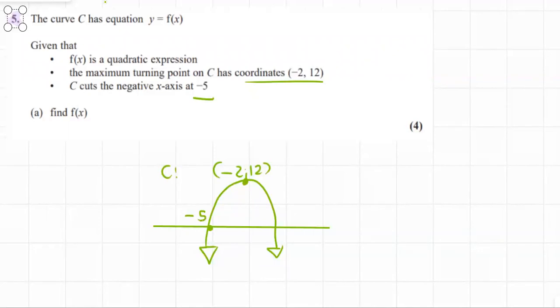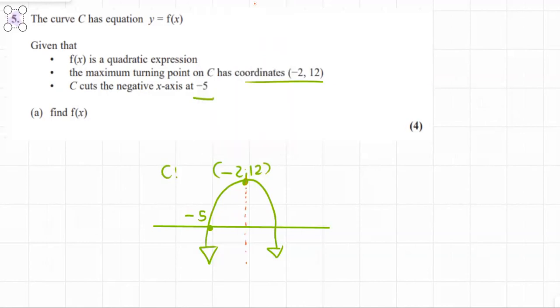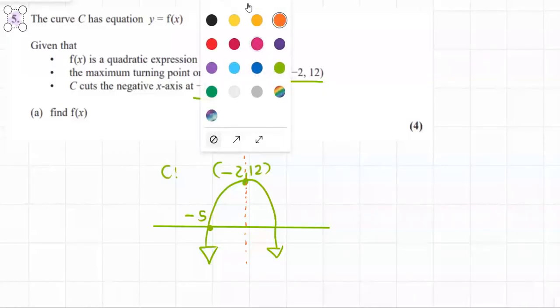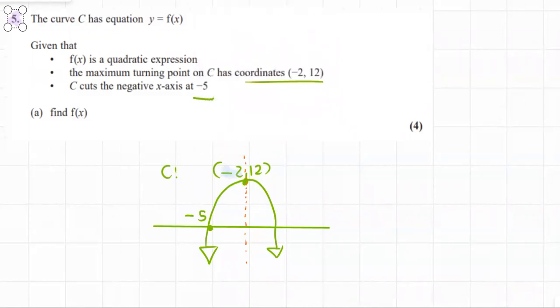Now, quadratics have a line of symmetry that goes down the middle like this. So if we look at that line of symmetry, we ask how far away is our turning point x from the x of the x-intercept that we've been given? Well, it goes from -5 to -2, which is +3.